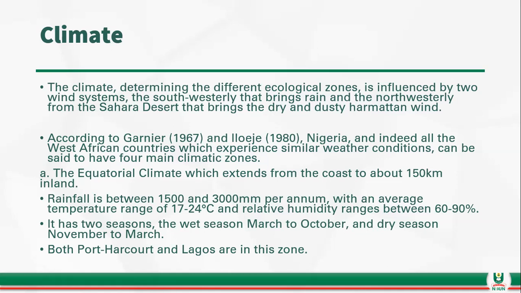It has an average temperature of about 17 to 24 degrees Celsius, and also relative humidity that ranges between 60 to 90%. This region has two seasons: wet season, which extends from March to October, and dry season from November to March.